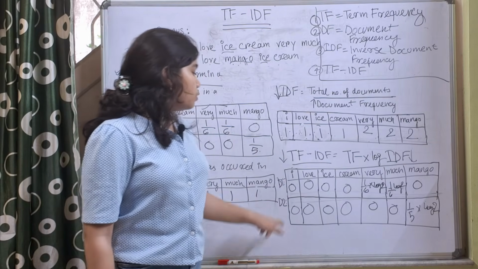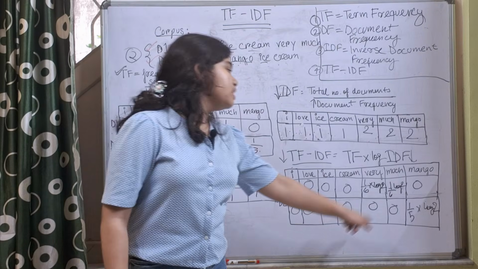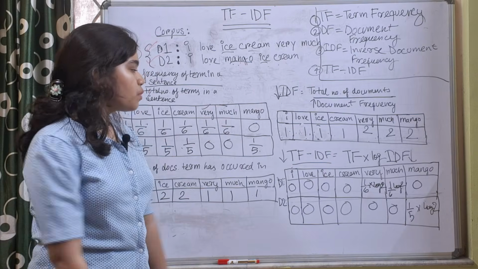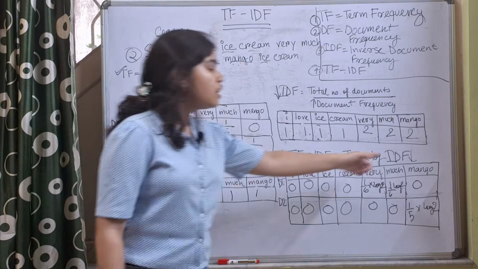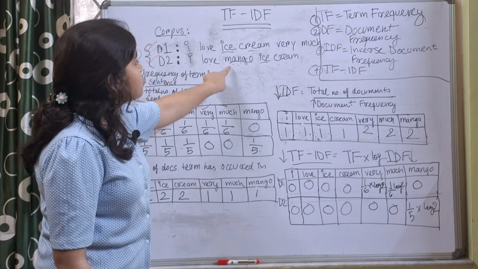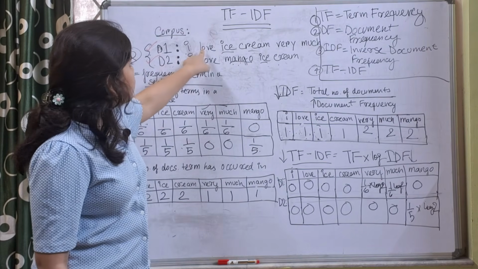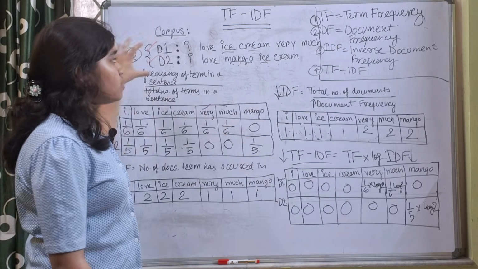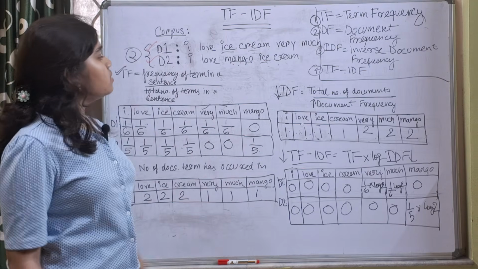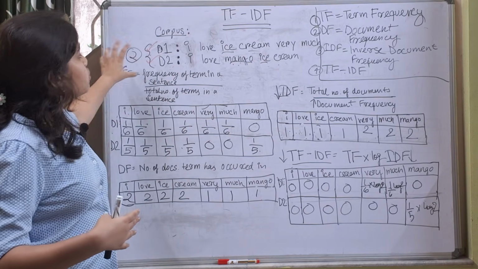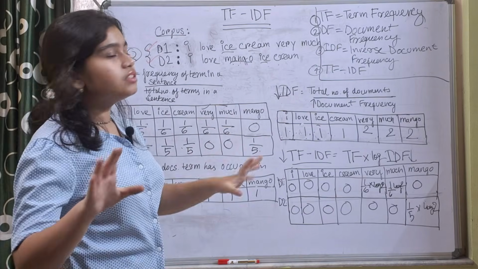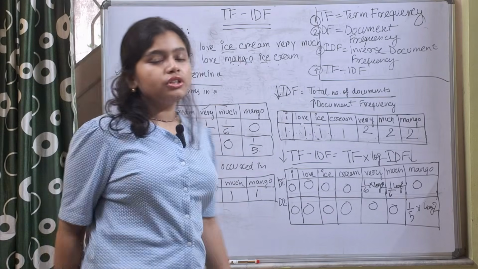In document 2, you can see "I love ice cream very much" do not have that high weightage, but "mango" has a very high weightage because it is a distinct word. These other words are repeated. This is just a very small corpus and small sentences, but TF-IDF can accommodate a much bigger corpus. This is how TF-IDF is more beneficial than bag of words.